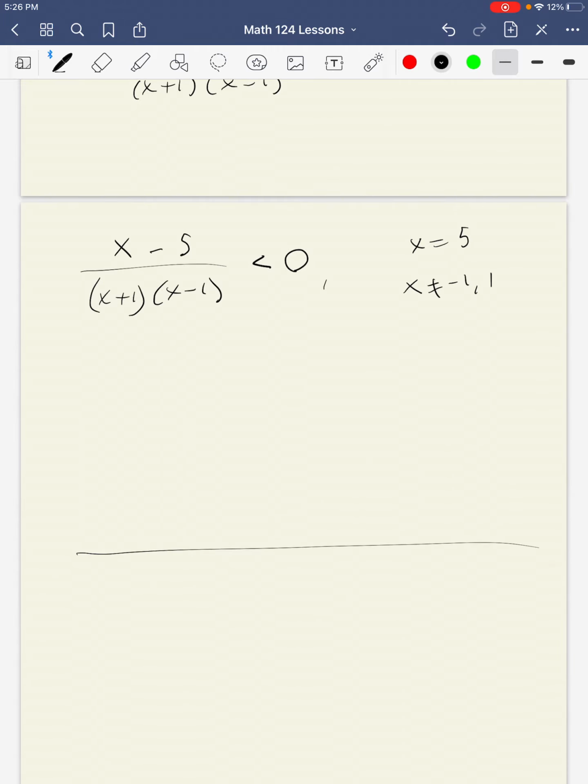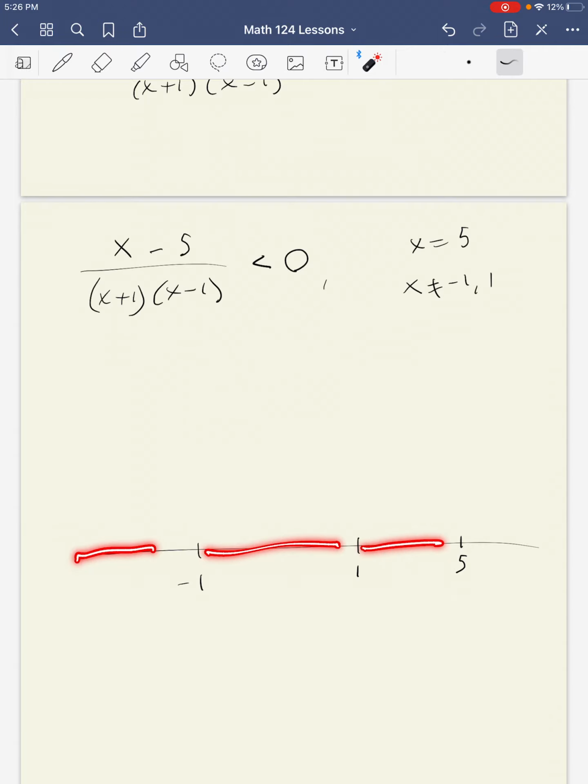Okay, so we'll cut the number line into 4 pieces. We'll have to test a number in this piece, test a number in here, test a number in here, and test a number there.